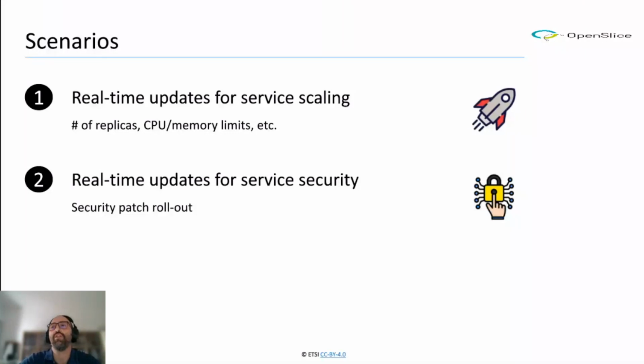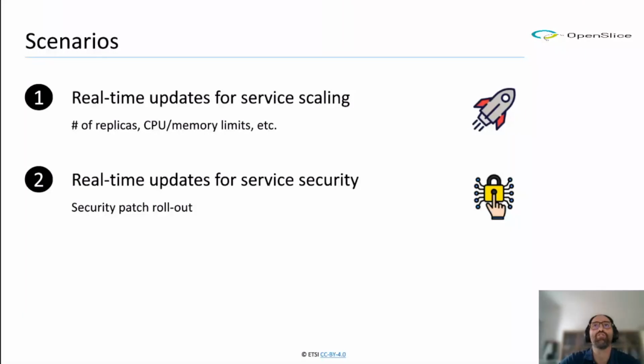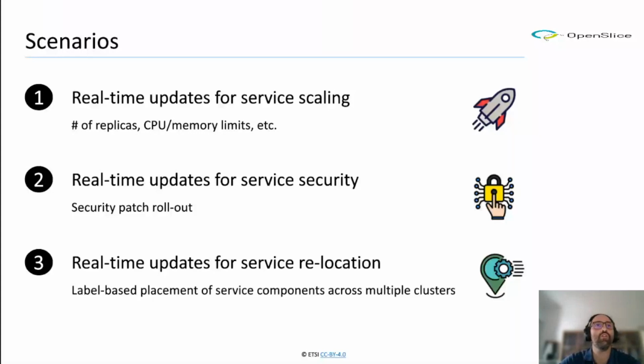If we have a cyber attack, we might deploy a new version of the service that cuts this malicious traffic. And also there are real-time updates for service relocation. We might want to move our service to a new cluster or somewhere else, and the API can handle that.